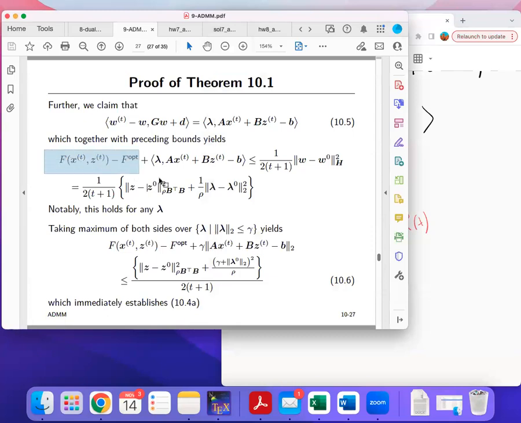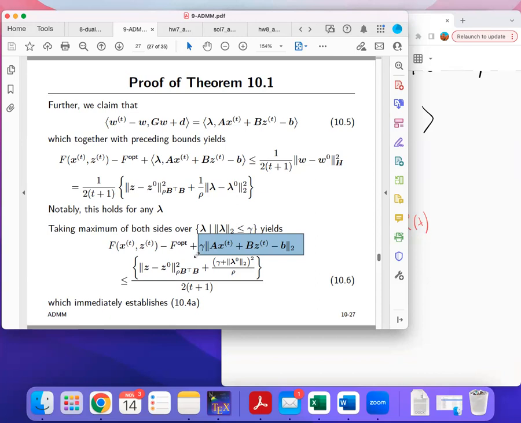For the left-hand side, the only term that involves lambda is that inner product term. So it's a linear function in lambda, and by the Cauchy-Schwarz inequality, the maximum value is just the maximum L2 norm of lambda multiplied by the L2 norm of the other side.